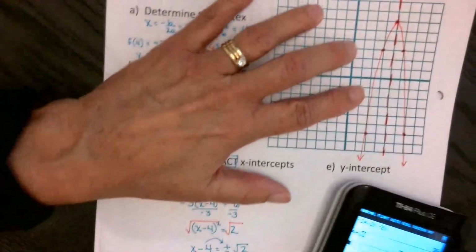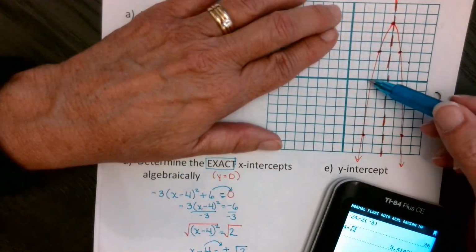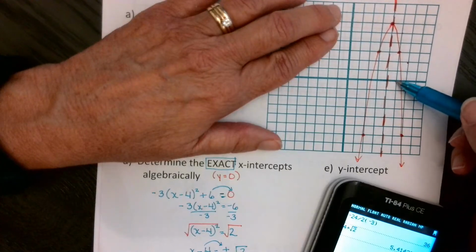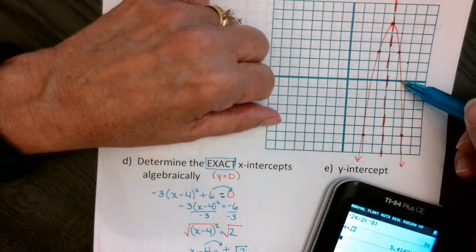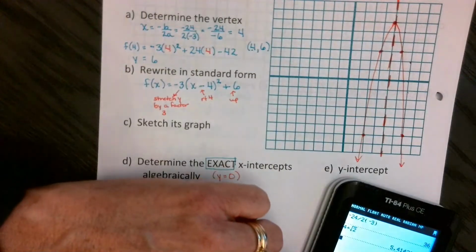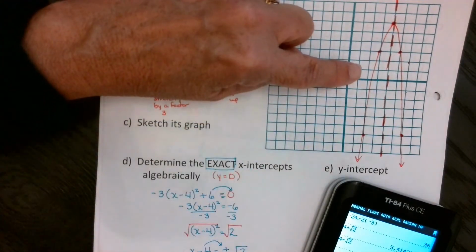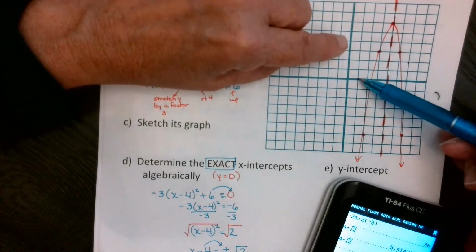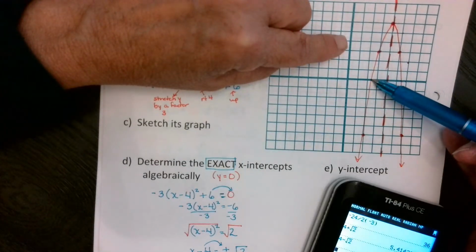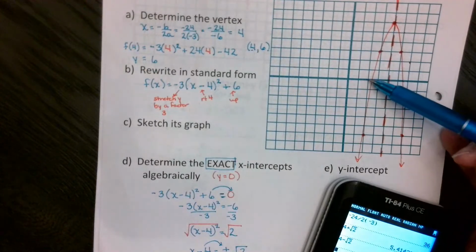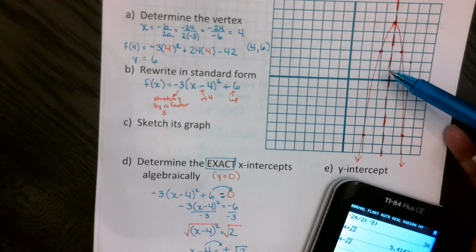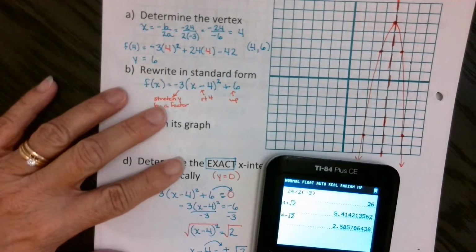Well, looking at our graph, 1, 2, 3, 4, 5, about 5.4. Then if you want to do the minus to just check your graph, 2.6. 1, 2, it's not the best graph, but it's between 2 and 3, okay? If I was doing it on a computer, it'd be better.